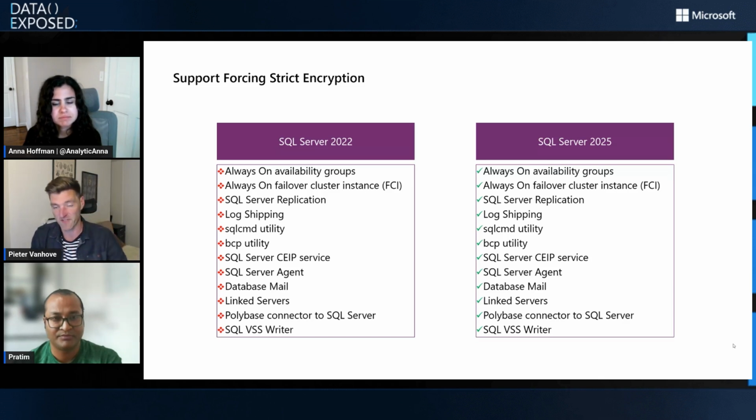Our goal in SQL Server 2025 is to have all these features and tools use strict encryption connections. We're working on that. There are currently a bunch of these functionalities already available in public preview, but they will trickle down when new versions come up.